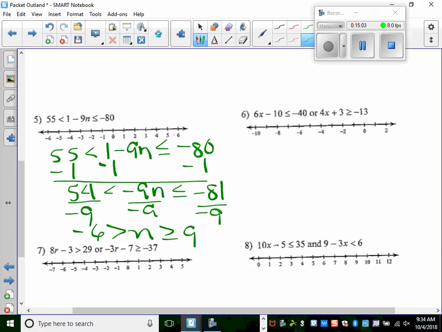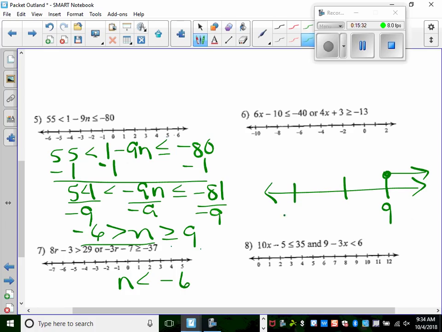So now, if I were to graph it like it is, and let's do that because I want you to be able to see that they don't overlap. So here's 9, and that's going to be a closed dot, and it's going in that direction, okay, because it says n is greater than or equal to 9. For this part, this means n is less than -6, okay, because when I have to flip it and write the variable first, that's really what it means.